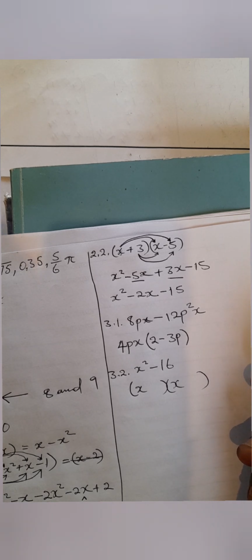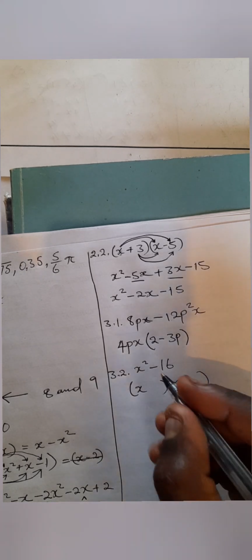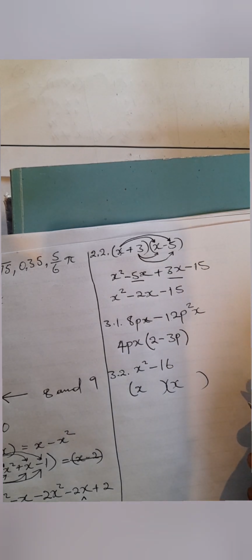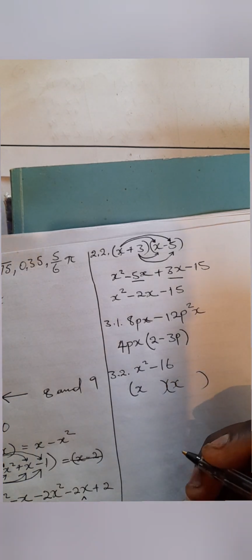If you can factorize this, that would be okay. You will have 4 and 4, 8 and 2, but I think 4 and 4 will work better.